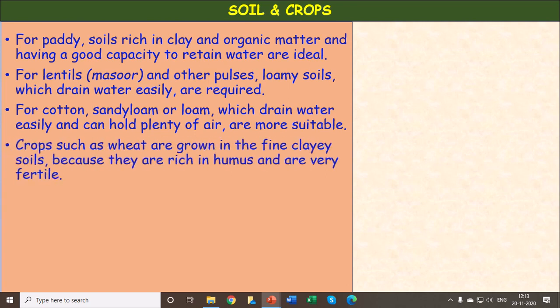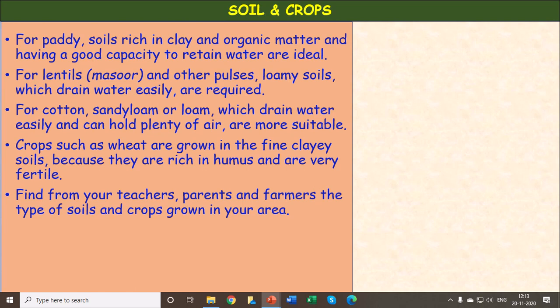Next, crops such as wheat are grown in the fine clay soils because they are rich in humus and are very fertile. In order to grow wheat, the soil should be clayey with rich humus. Humus means more fertile.